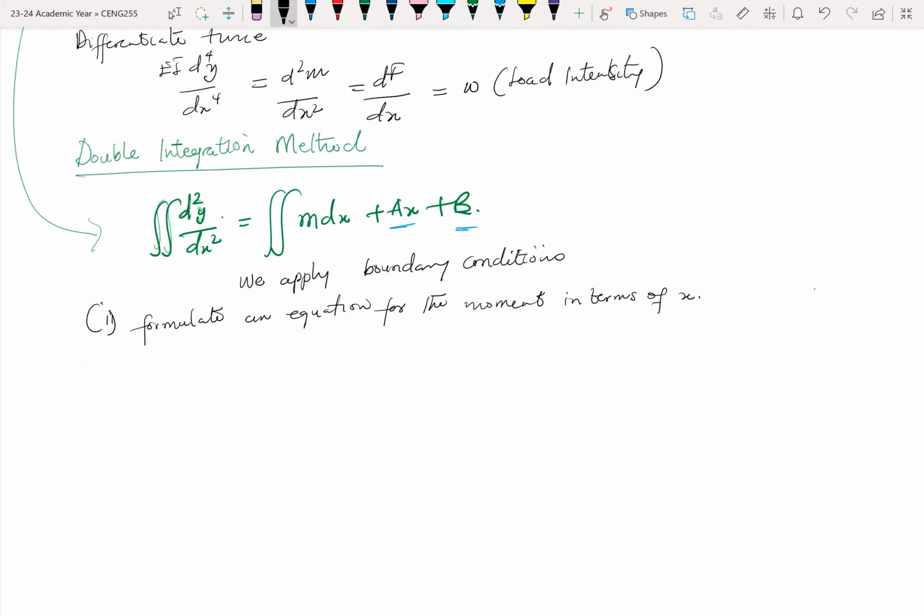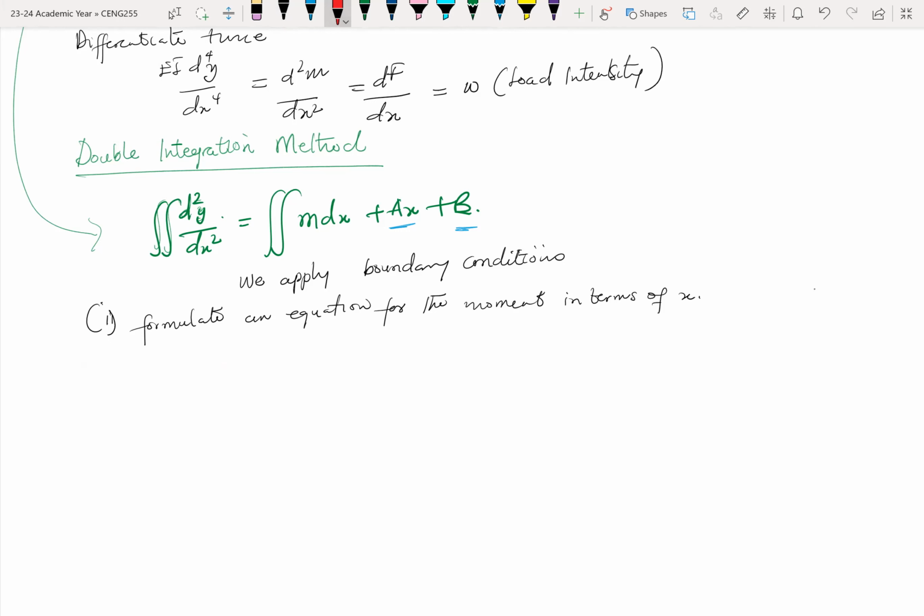So x becomes a key variable, and this is critical to whatever we are doing. I mentioned earlier that we need to take interest in how to write equations in terms of x, because we'll need that information going forward to analyze our structures when finding deflections.